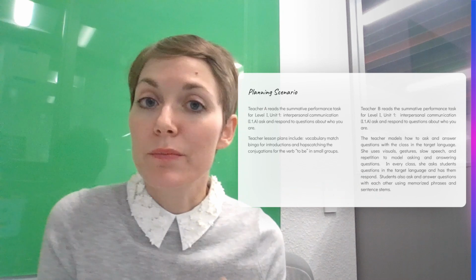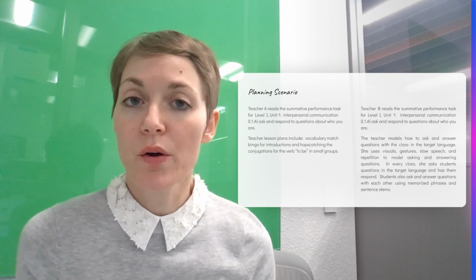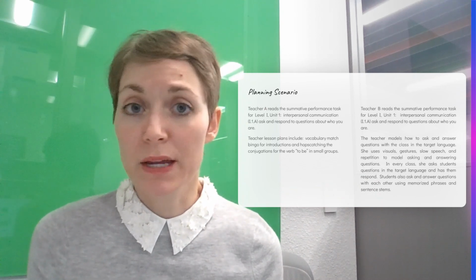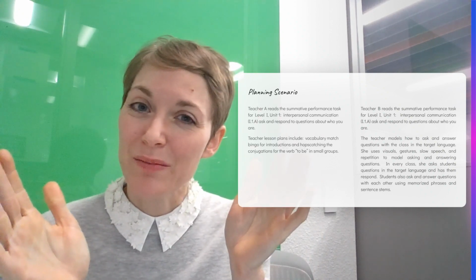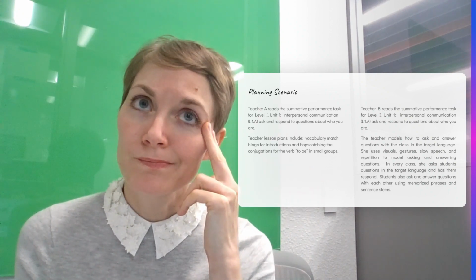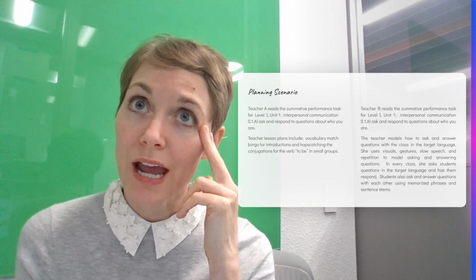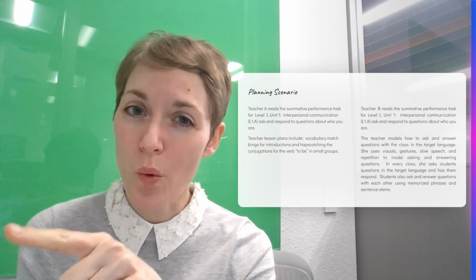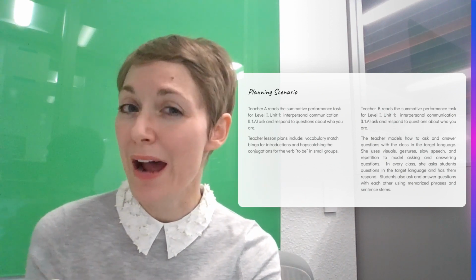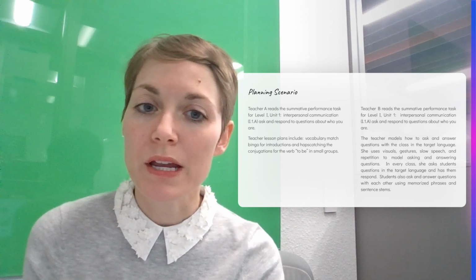At first glance, an administrator might walk into the room and say, these kids are engaged and they're speaking the target language. This is great. But when we look at our unit document, we've got to say, is a vocabulary matching game and being able to conjugate the verb ser going to help students learn how to ask and answer questions about who they are?